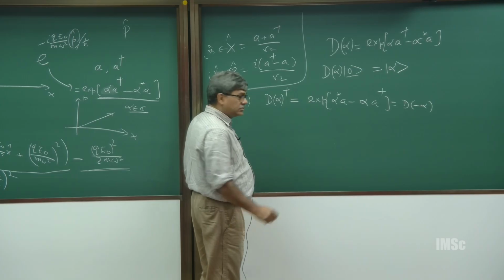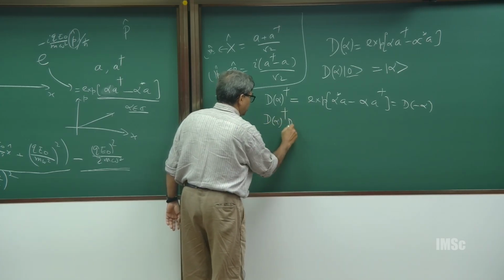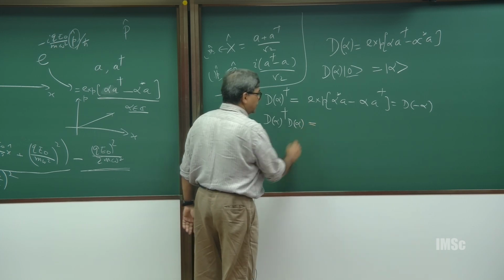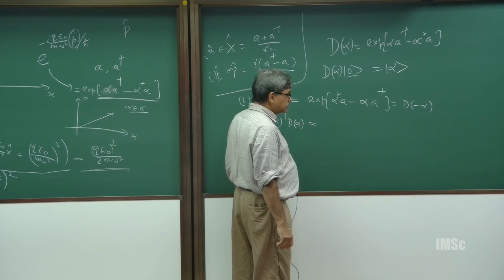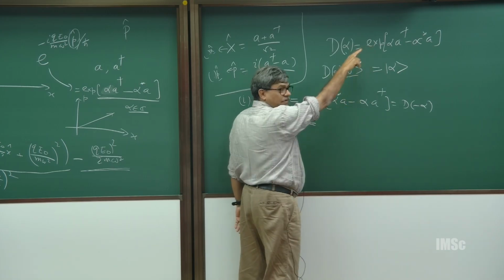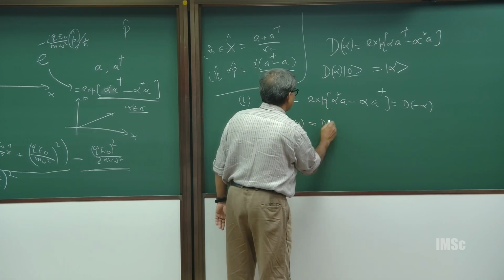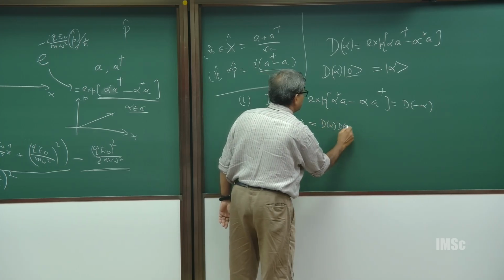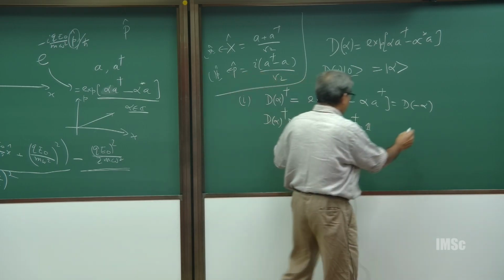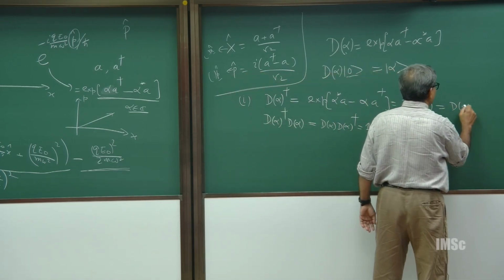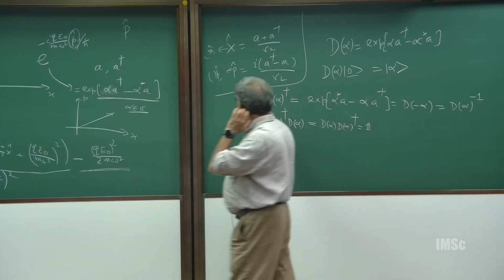And D of alpha dagger D of alpha is equal to what? Because this exponent is just the negative of this, you can just add them. So, this will be identity. So, D of alpha dagger D of alpha is equal to identity. This means that D dagger is nothing but D of alpha inverse also, right.